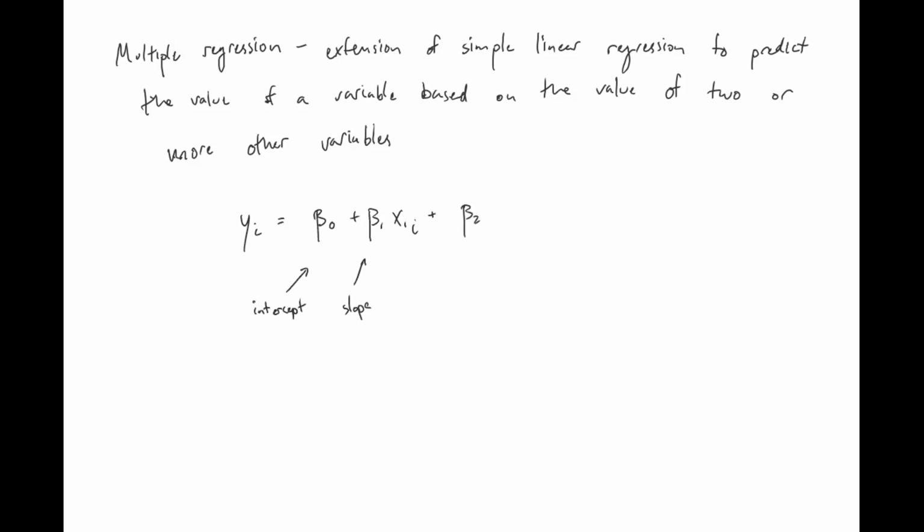So beta 2 x_2i plus beta 3 x_3i, so on and so forth, up into beta n. So this is our generalized form of this, and plus epsilon_i for our error term. So anything beyond having one x variable, we refer to as multiple regression.